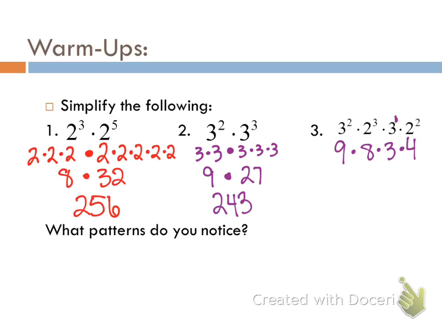All right, multiplication is commutative, so you can multiply in any order you want to. But we are going to take 9 times 8 times 3 times 4. Now, personally, how I like to do this is I do 9 times 8, which gives me 72 times, what's 3 times 4? 12.